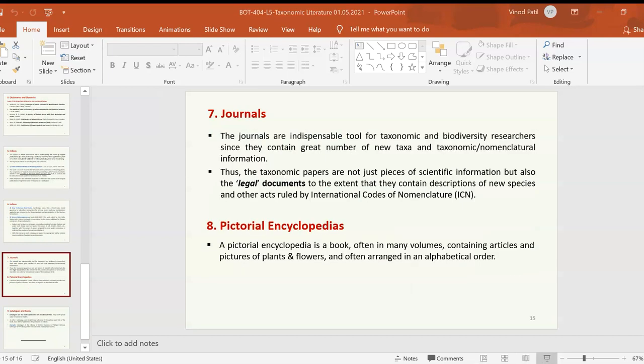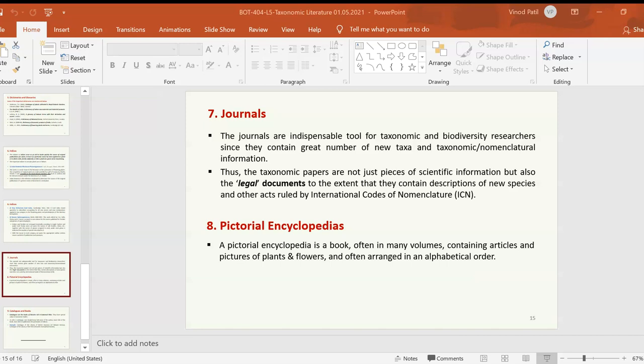Now the journal. What we have seen up to now: floras, manuals, monographs, then the periodicals, then dictionaries and glossaries, then indices. And now we are looking at the journals.